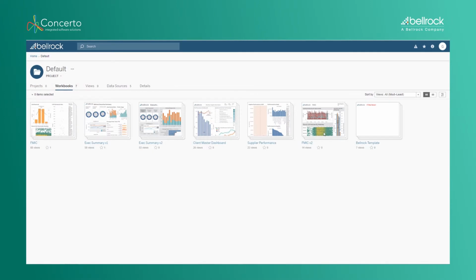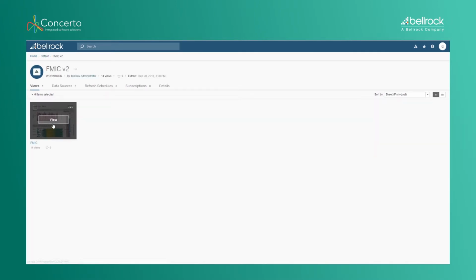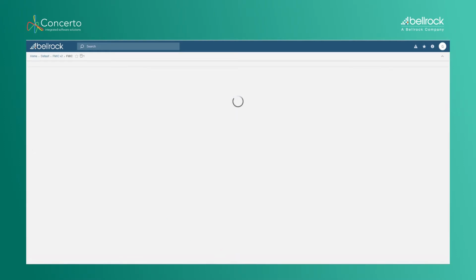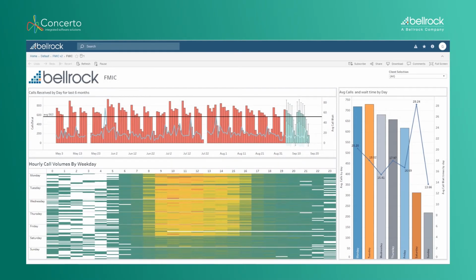What we're also able to do is to undertake analytics to ensure that across the varied departments within the business we have the right levels of resource to deliver the service levels required. So in this example, we're looking at our Facilities Management Information Centre, which is in effect our call centre environment. And what this allows us to do through our telephony system is have a good view of when we expect high volumes of calls and therefore expect to have higher than normal volumes of resource to handle those calls.